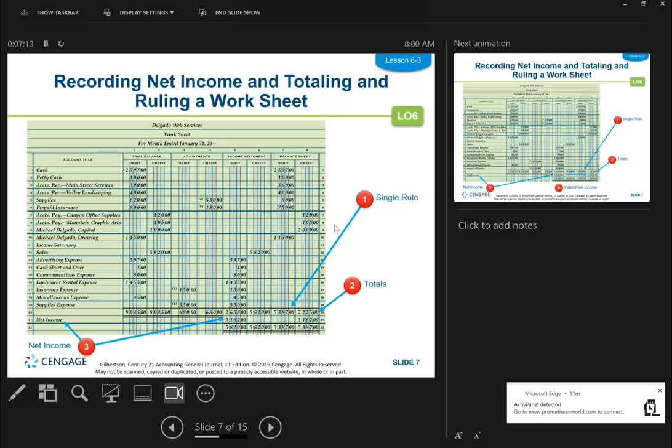How did we get that? I'm not sure. I think it's the 5820 minus the 2658. Right? Isn't it just the difference of those two numbers? Looks like it.